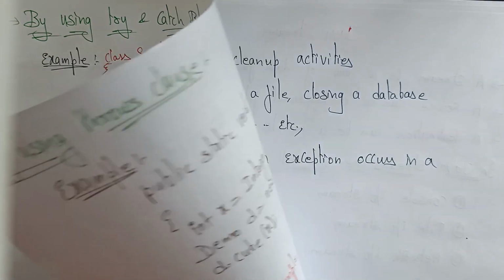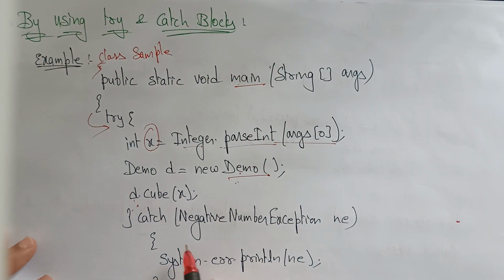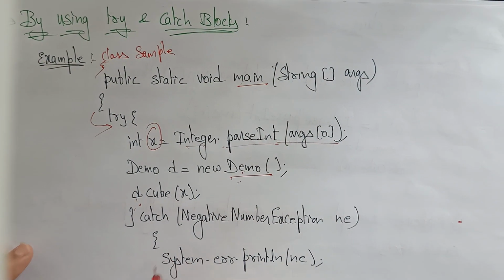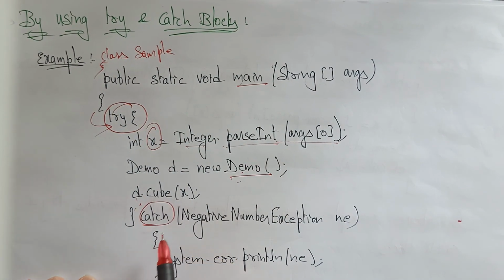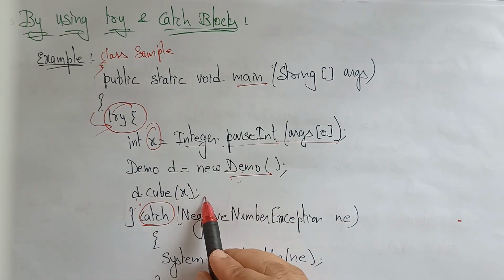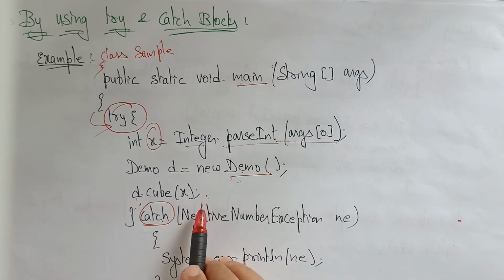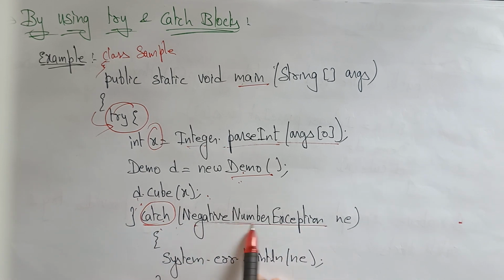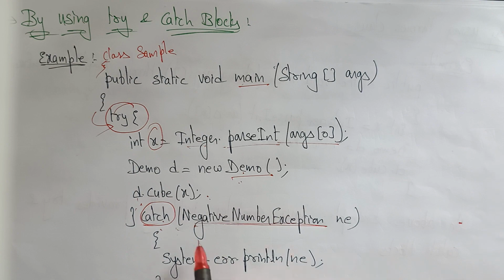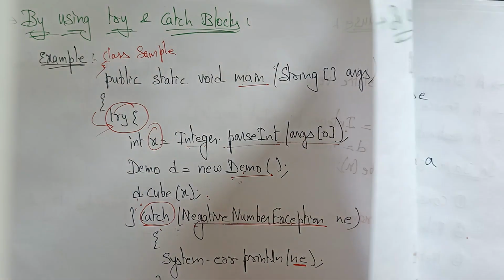With the help of the object reference only we access the method. Here I am showing the try block and the catch block. Suppose any exception occurs in the cube method, the controller comes to the catch block and a negative number exception message is displayed. So this is the try and catch block.